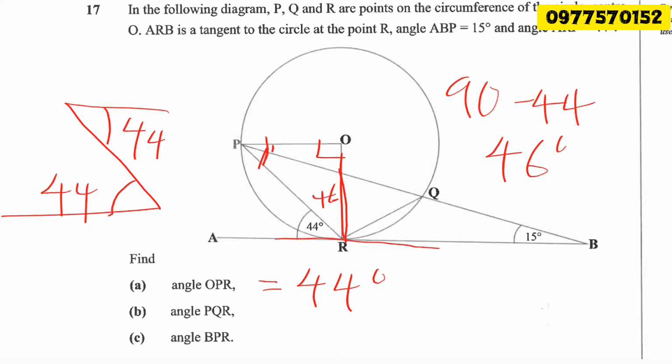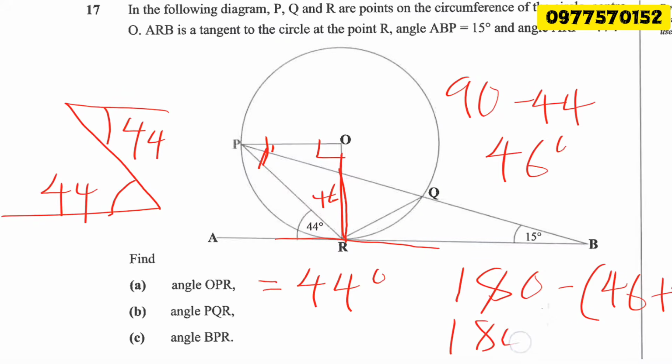So we're going to say 180 minus, open bracket, 46 plus 90. 46 plus 90 is 136.